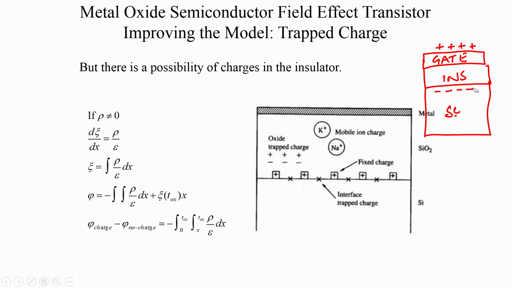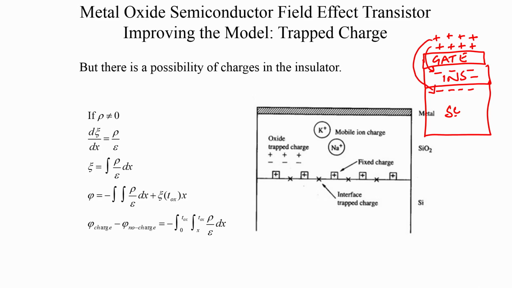But now let us say that the insulator also has some trapped charges. In order for me to bring the same amount of charge concentration in the semiconductor interface, I need to apply a larger gate voltage, because I need to first compensate for this insulator charge and then bring in the field to establish my inversion layer or the depletion charge.